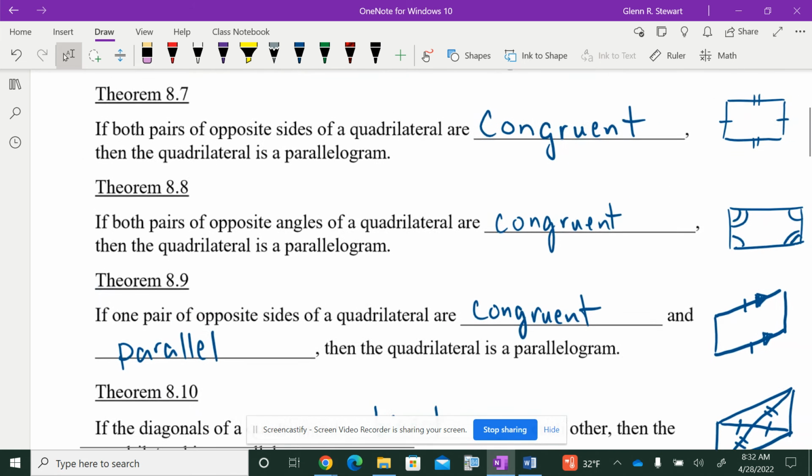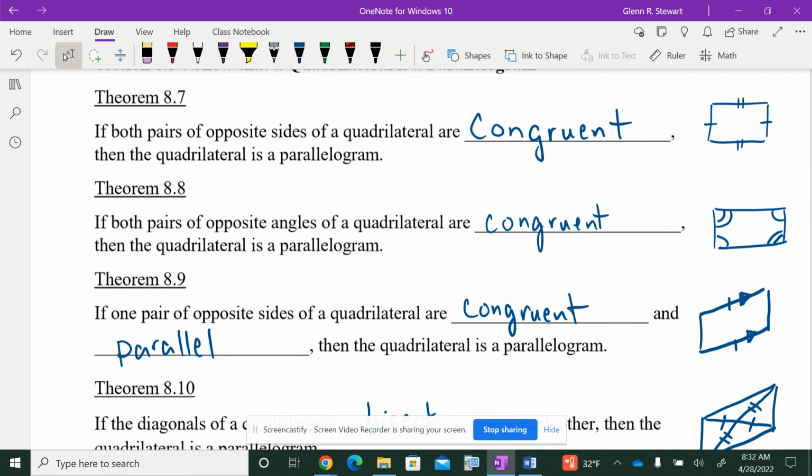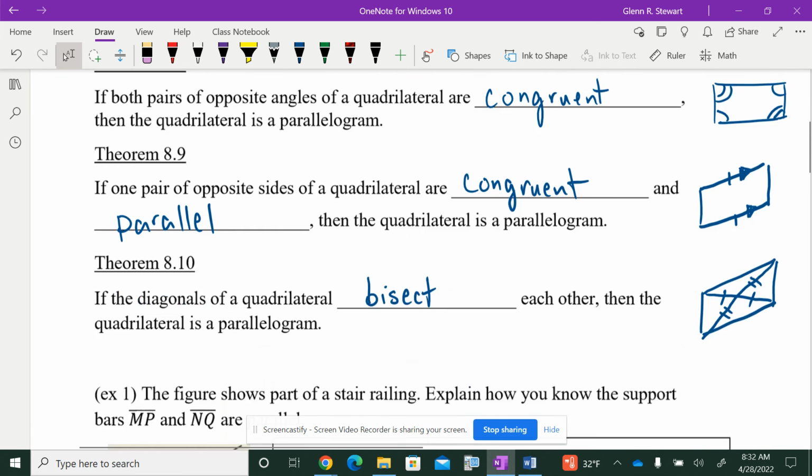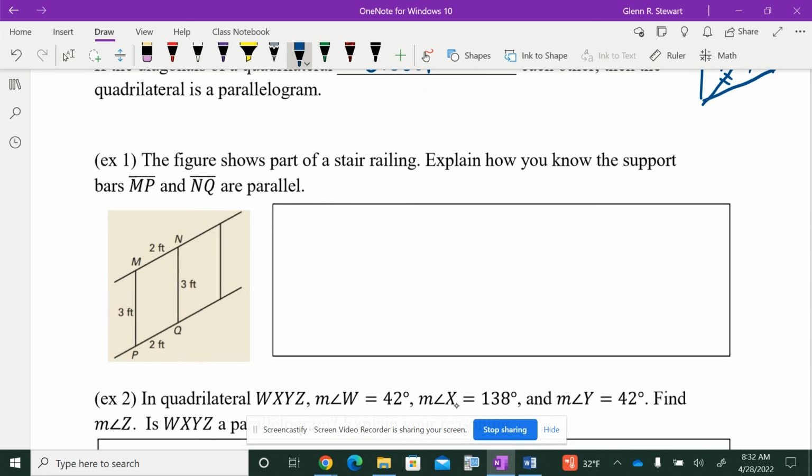It says if both pairs of opposite sides of a quadrilateral are congruent, then the quadrilateral is a parallelogram. So I'm going to say here, theorem 8.7, which you see at the top, states opposite sides congruent, then the quadrilateral is a parallelogram.